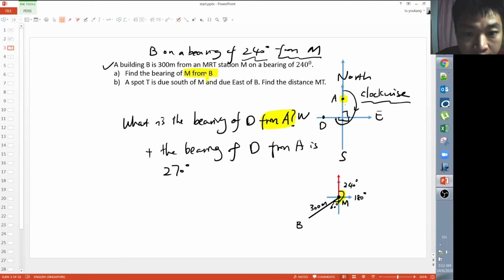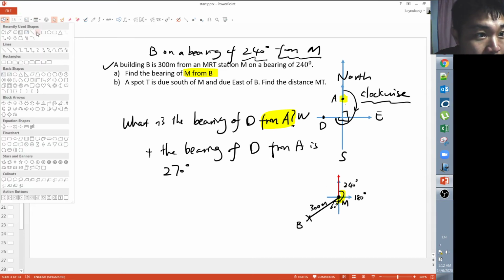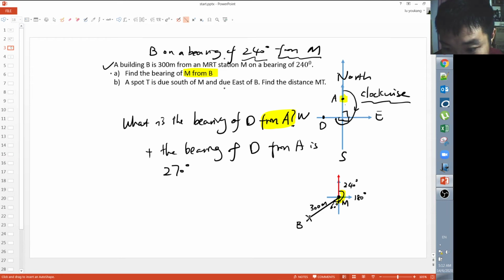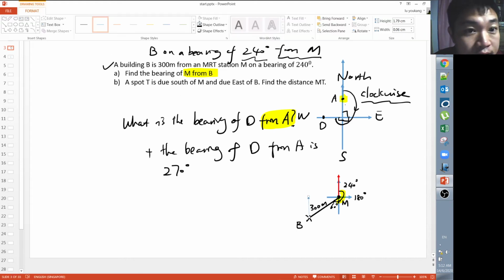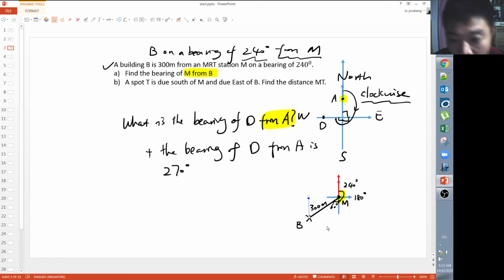So from B, you go to B first. This is point B, so mark your point B. Then at there, you draw a straight line vertically to the north at B. And what do you do next?